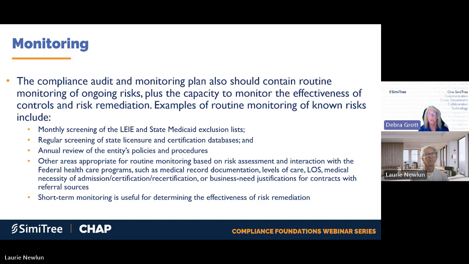So your monthly screening of your LEIE, which is that list of excluded individuals and entities, OIG checks basically to ensure that the clinicians that you have in your organization are not excluded from providing care under the Medicare benefit. And then the state Medicaid exclusion lists as well.